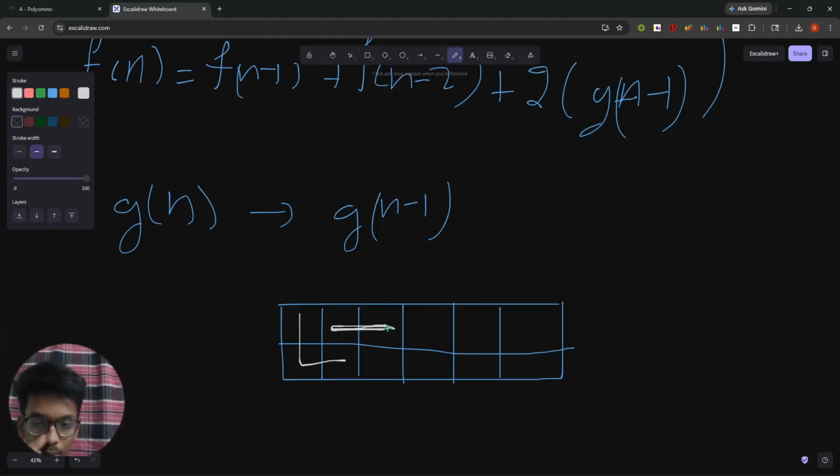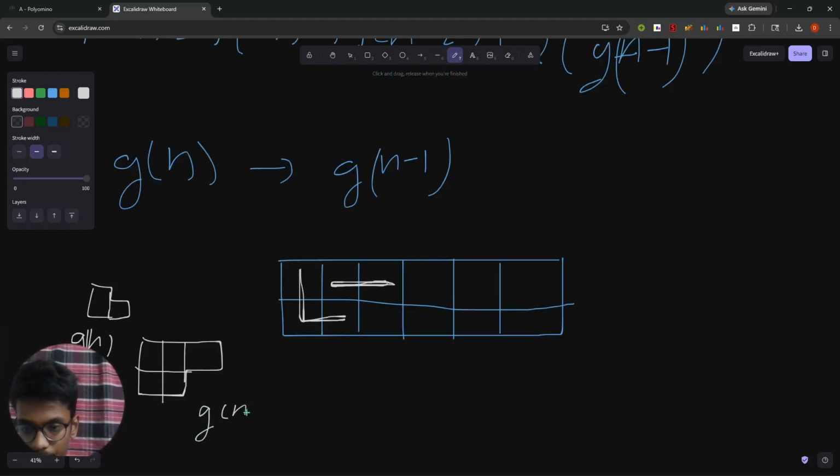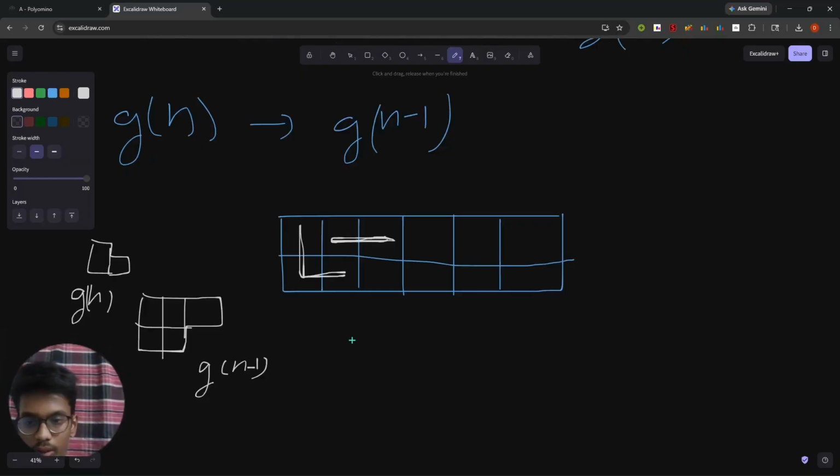If this was supposed to be g of n, now I have this, which takes two columns. This was taking only one column, so this was g of n. This is taking two columns. This is g of n minus 1. Fine. When I place a horizontal, this happens.